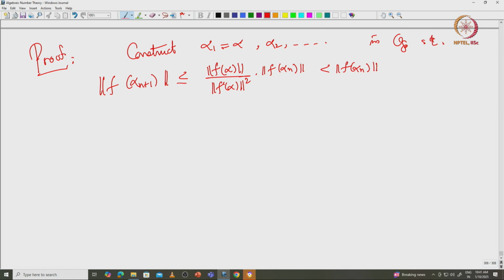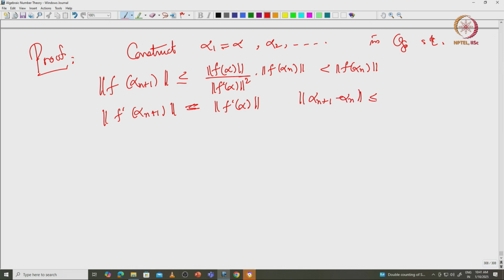Moreover, that is one condition, and then the valuation of f prime of alpha n plus 1 is equal to the valuation of f prime of alpha, and what happens to their differences.